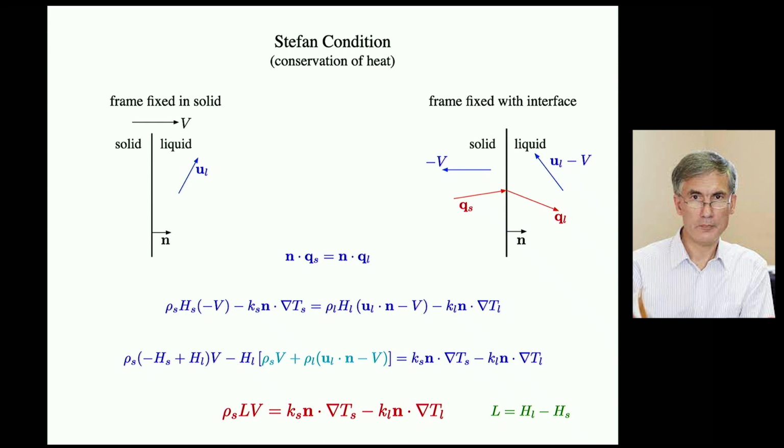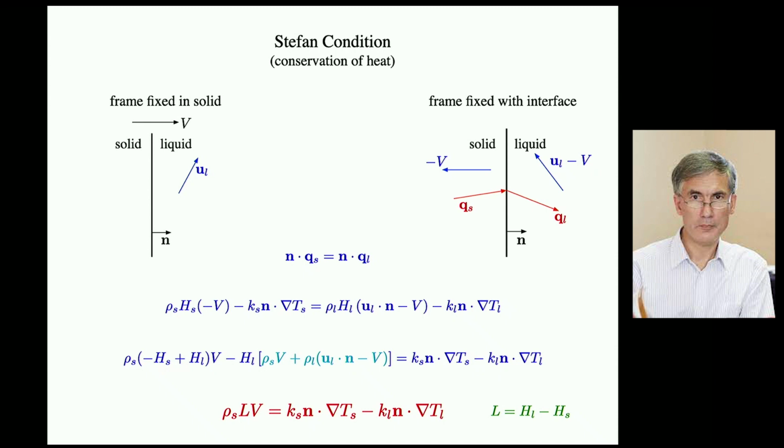And I've got the density of the solid times the latent heat times the rate of solidification is equal to the difference in the diffusive heat flux either side of the interface. And notice there's no mention of any velocity, any fluid velocity or anything in here. It's purely the diffusive heat flux difference.